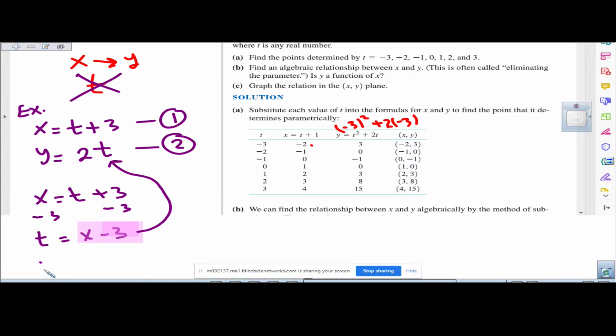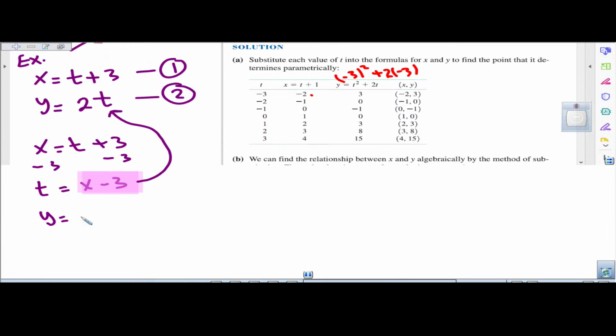So you're gonna say y equals... let me actually write it down for you. Plug or substitute x minus 3 into the t of equation 2. That's what you're doing here.